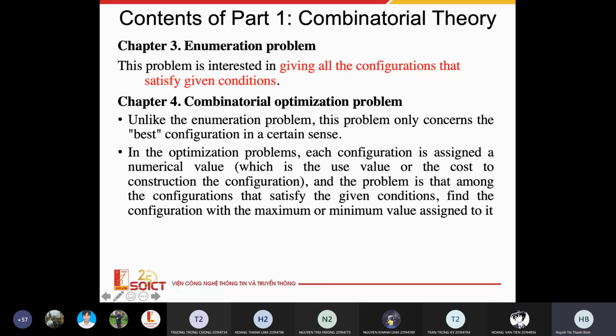For example, there are some ways for you to go from the Hanoi University of Science and Technology to the Central Post Office of Hanoi. The first one, you go to Discrete Street, turn right and go to the intersection with Buổi Street, and then go straight to the Central Post Office of Hanoi.